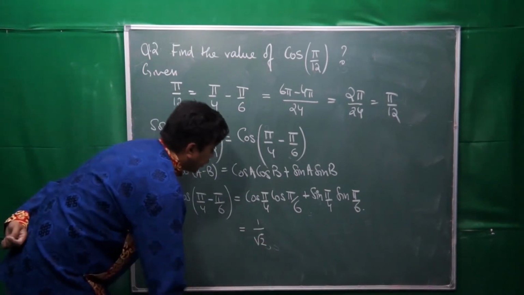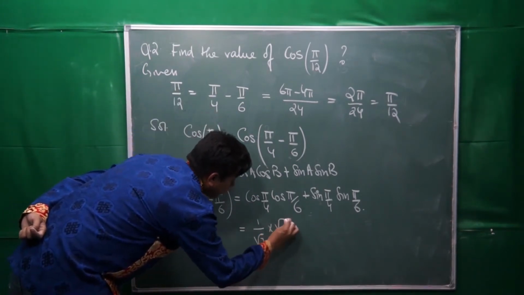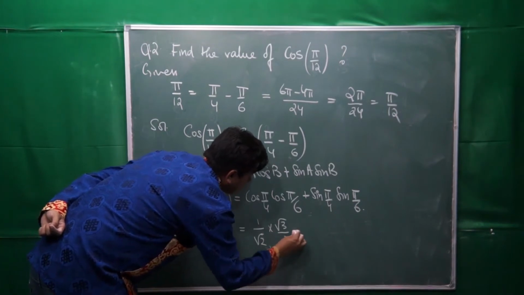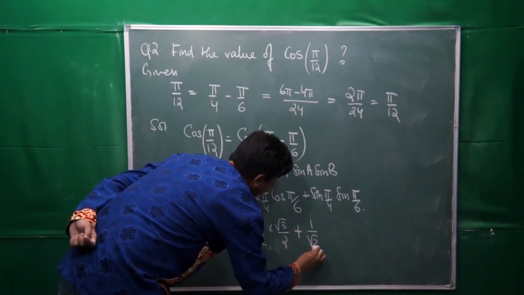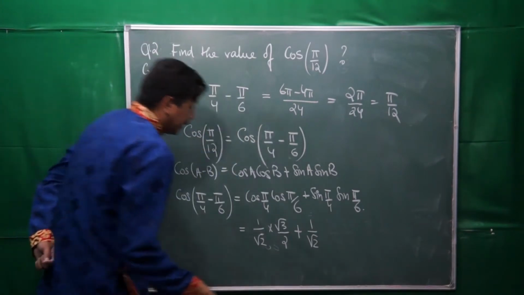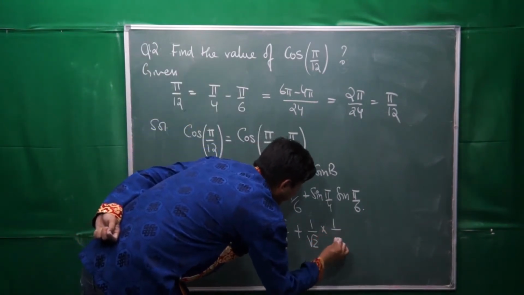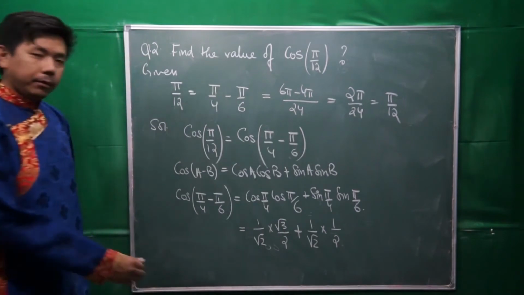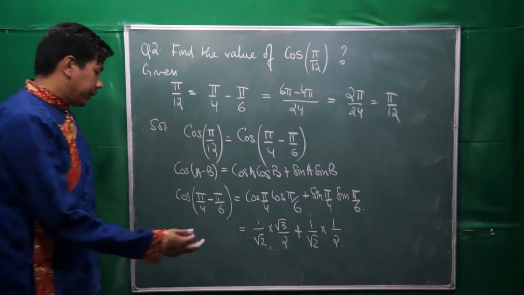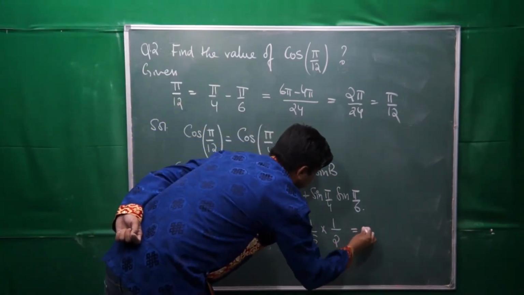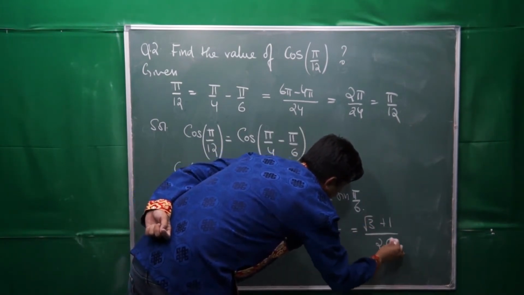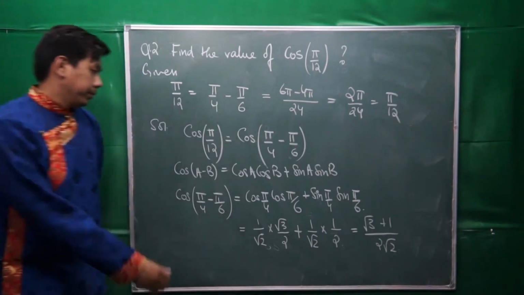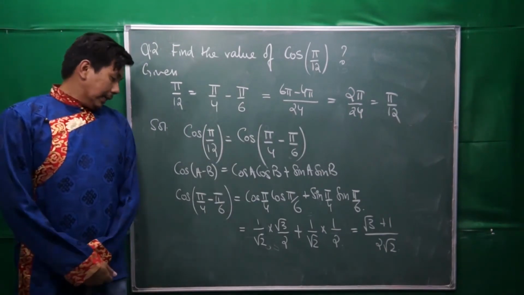Okay, similarly cos 30 is root 3 by 2 plus sine 45, 1 by root 2, sine 30, 1 by 2. So if you solve it, you're going to get root 3 plus 1 upon 2 root 2. Okay, simple.